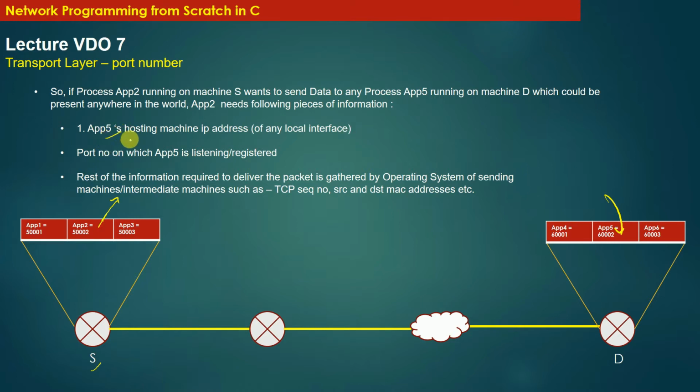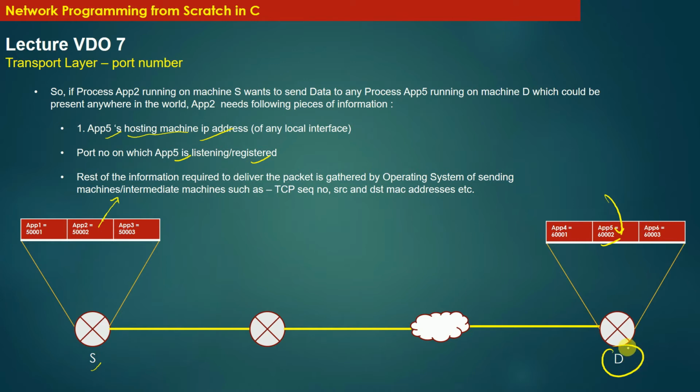That is application 5's host machine IP address. Host machine means the machine on which application 5 is running. So app 2 needs to know D's IP address. App 2 also needs to know the port number on which application 5 is listening. So in this case, 60,002.